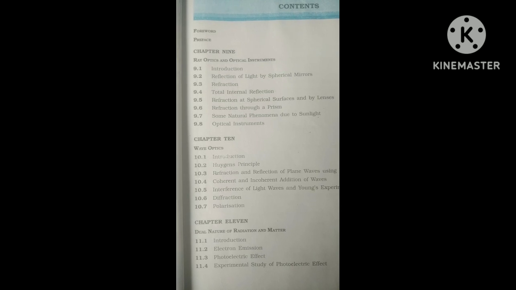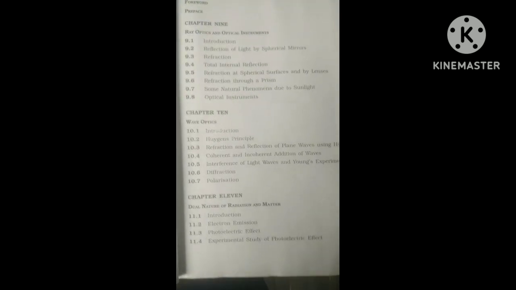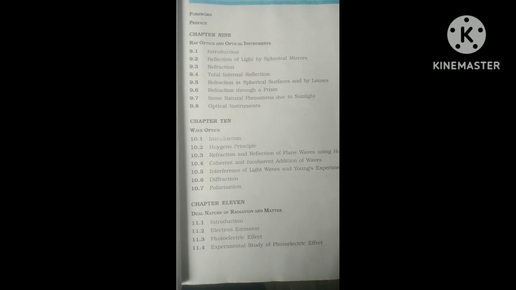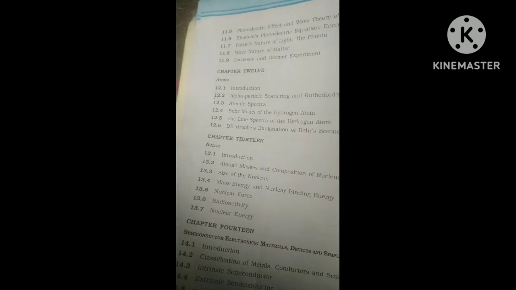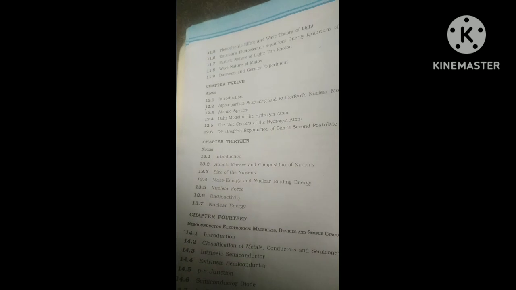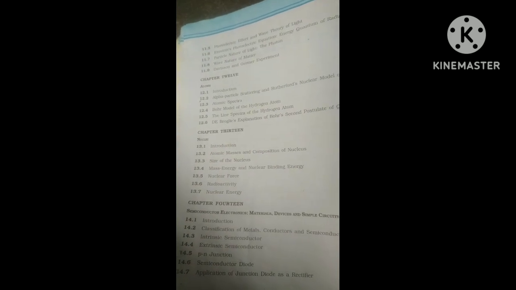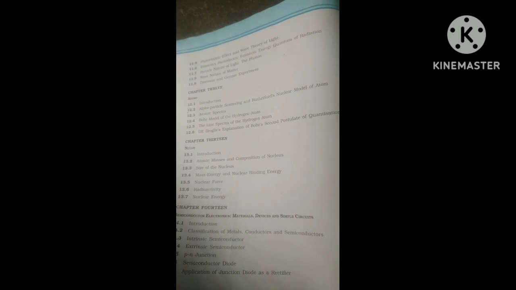In second sem, we start with 9 as ray optics and optical instruments, 10 wave optics, and chapter 11 as dual nature of radiation and matter, and chapter 12 as atoms, chapter 13 as nuclei, and chapter 14 as semiconductors, electronics, materials, devices, and simple circuits. This completes the physics second PU.